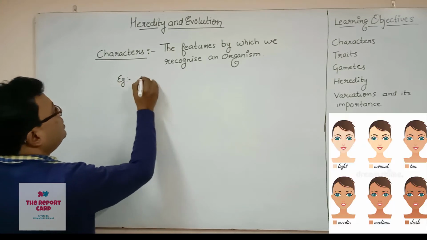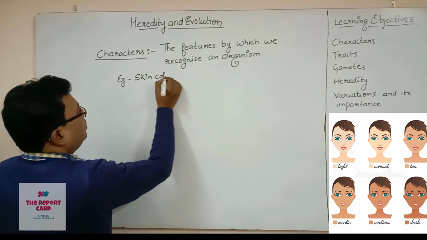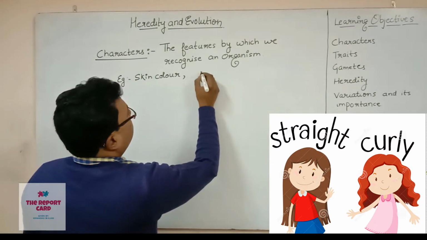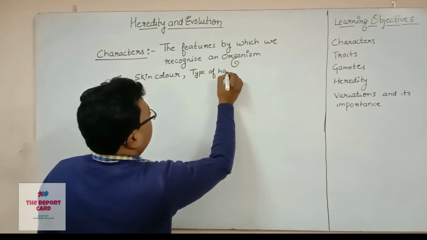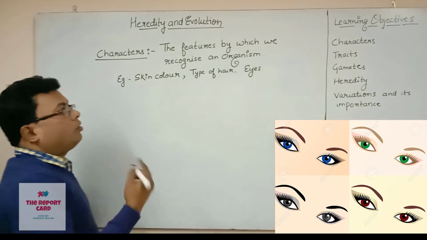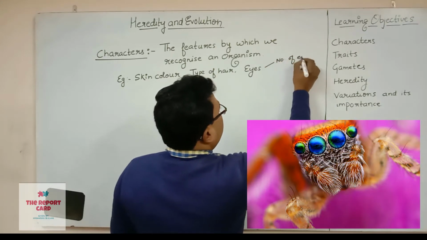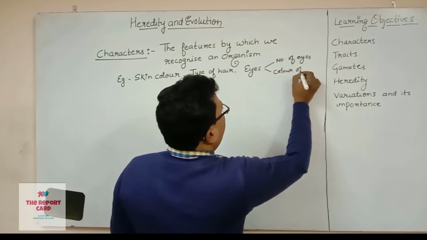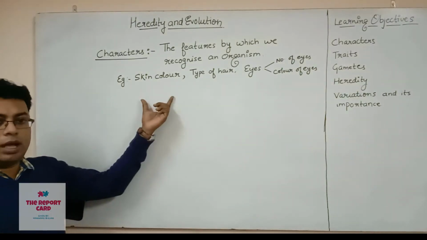When I talk about characters, it can be skin color, it can be type of hair. Then it can be eyes, the number of eyes, or maybe the color of eyes. There are so many things. So all these are the characters by which you recognize an organism.